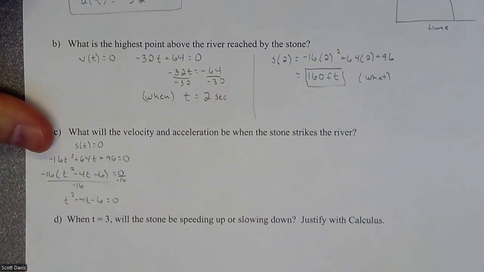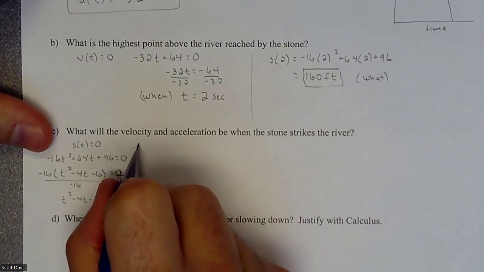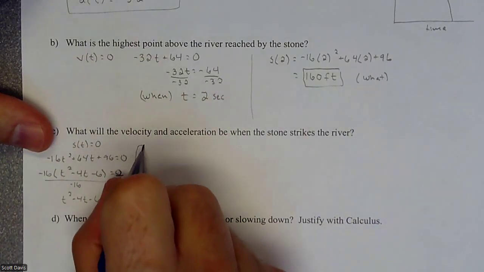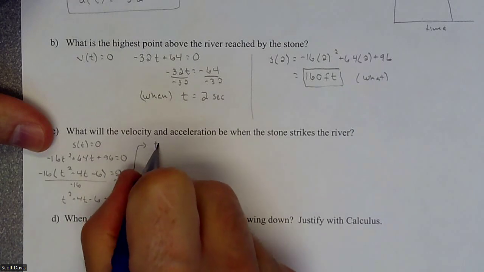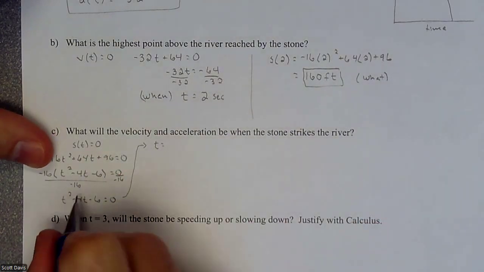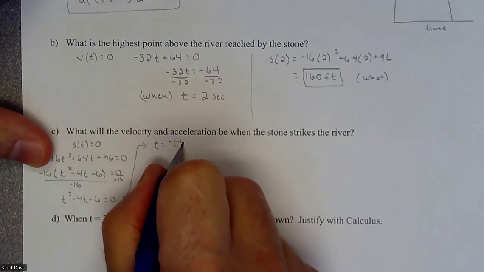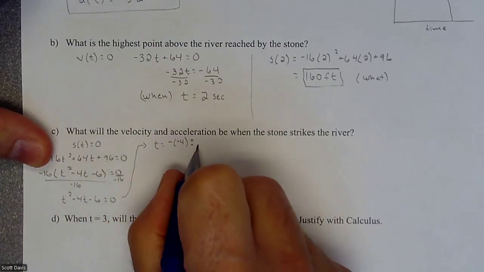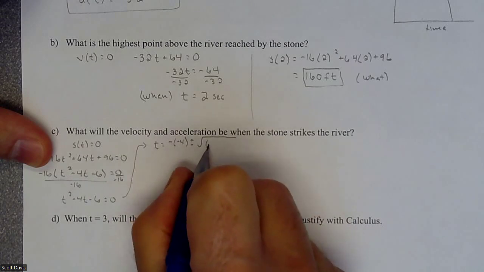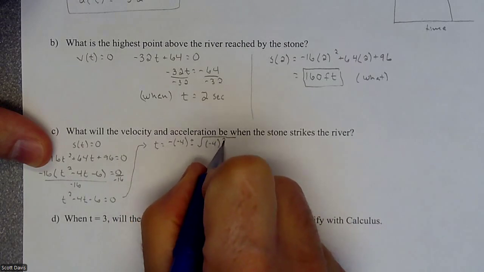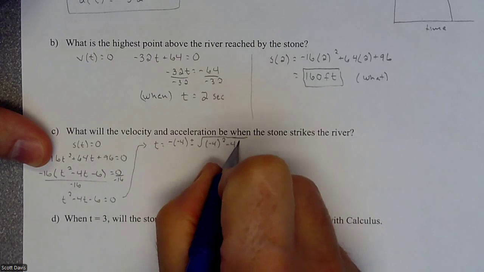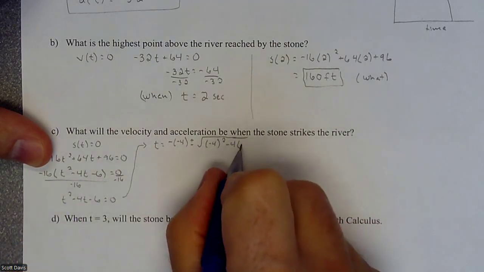So bad news is that that's not factorable. So we need to use the quadratic formula to solve it. So t is going to equal negative b, so negative negative 4, plus or minus the square root of b squared minus 4ac. Our a is 1, our c is negative 6.